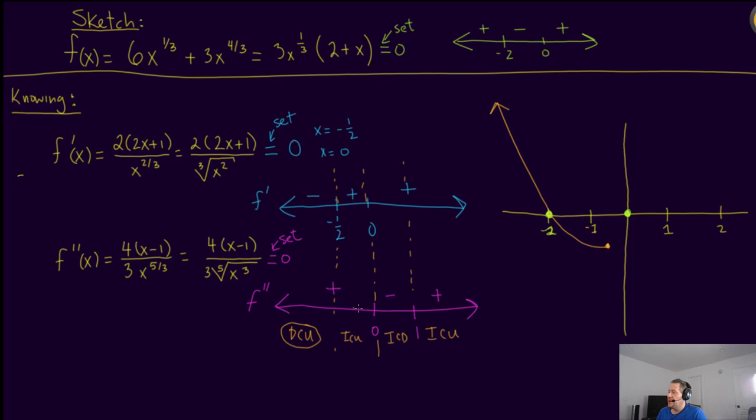Then between -1/2 and 0, I need to be increasing concave up. So I'll draw something that looks sort of like that. Then from 0 to 1, I need to be increasing concave down. So I'll put a shape that looks something like that. And finally, for the rest of time, I will be increasing and concave up. So that's how we can use the first and the second derivative to create the graph of a function.